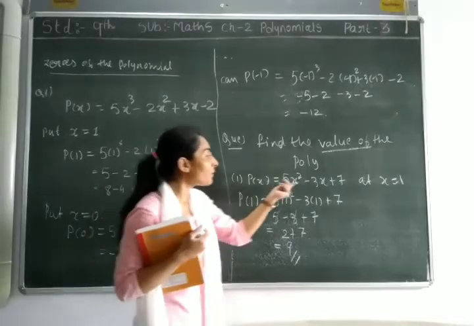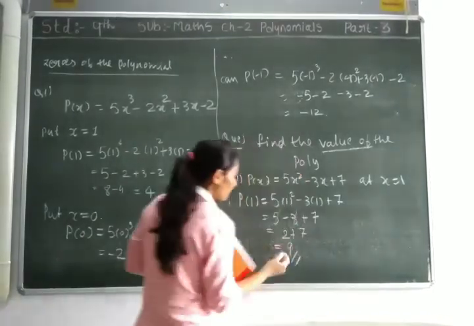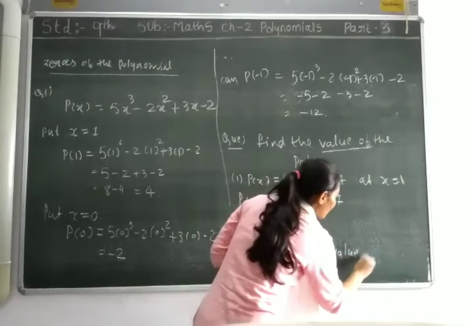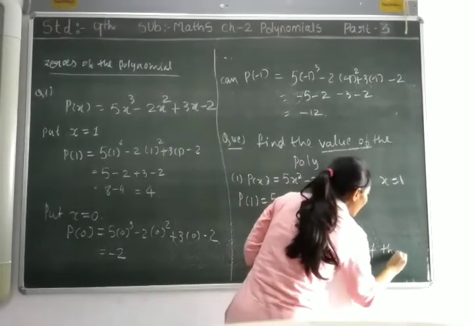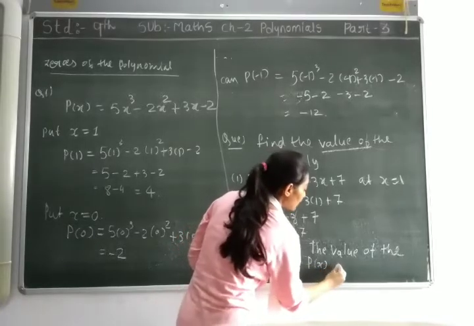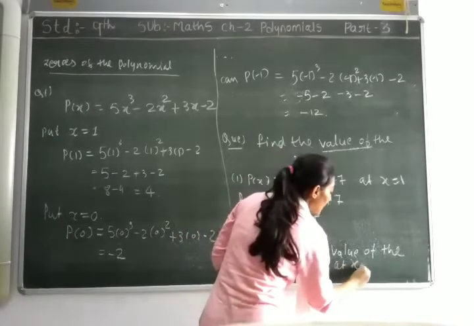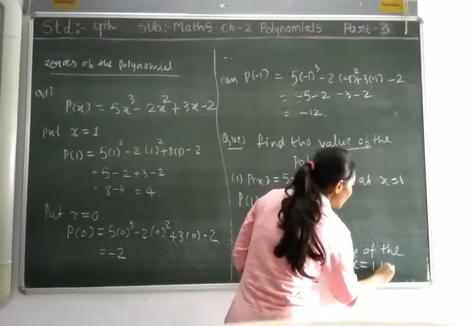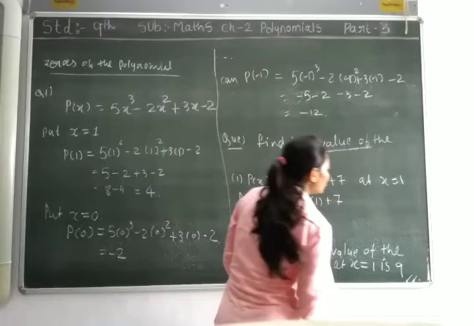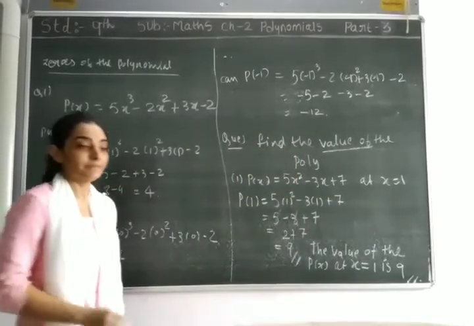So here we can write the value of p of x at x equals to 1 is 9.